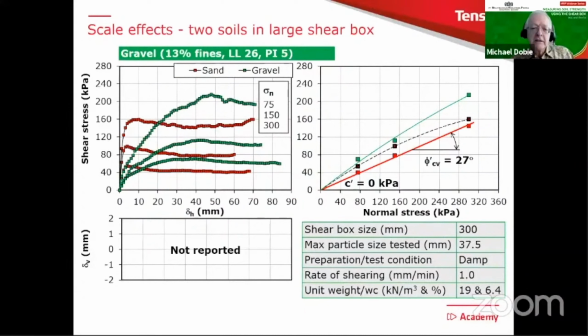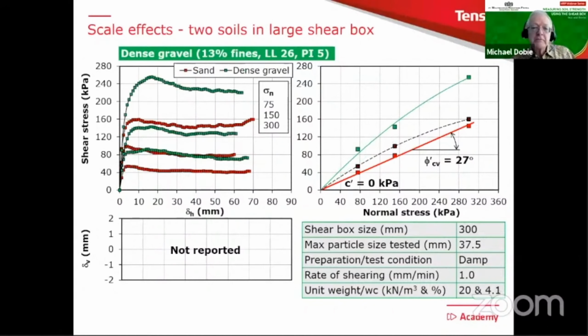If I now superimpose on that diagram the results for the gravel, they look like this. And what you'll see then is to reach peak values of shear stress, you have to travel quite a long way with the shear box before you reach there, over 40 millimeters. So therefore, it's quite clearly obvious you need a large shear box to capture the shear strength behavior, and that's only the peak strength.